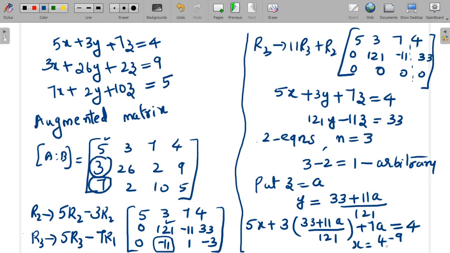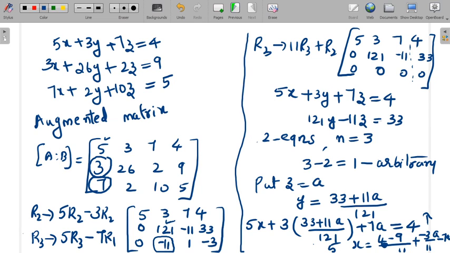So 5x is equal to 4 minus 9 by 11. Okay, plus ഇതിനെ ഇപ്പുറത്തേക്ക് എടുത്ത് 11 cancels and 3a by 11 minus 3 by 11, 3a by 11 minus 7a.